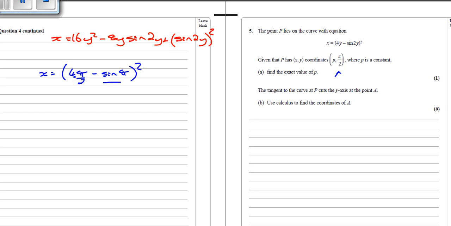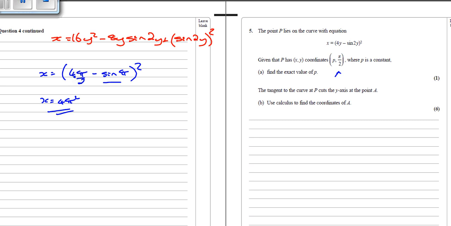Now sine of pi, sine of 180 is 0. So it's going to be 4 pi over 2, it's going to be 2 pi. So times that by itself, 2 pi times 2 pi is going to be x equals 4 pi squared. And that's the exact value of P. Okay, so yeah, 4 pi squared.